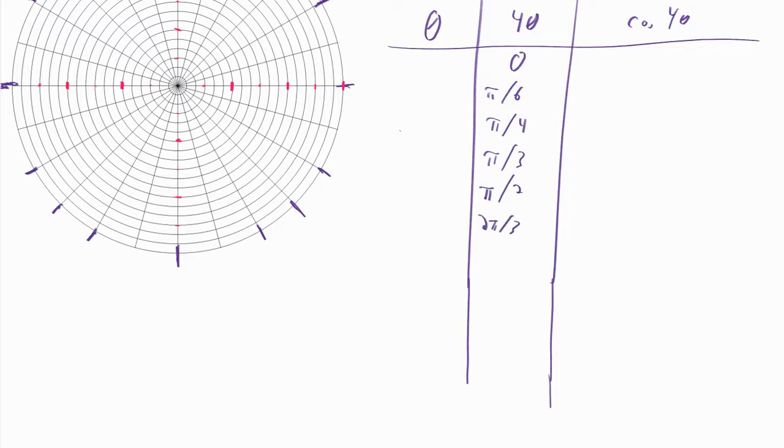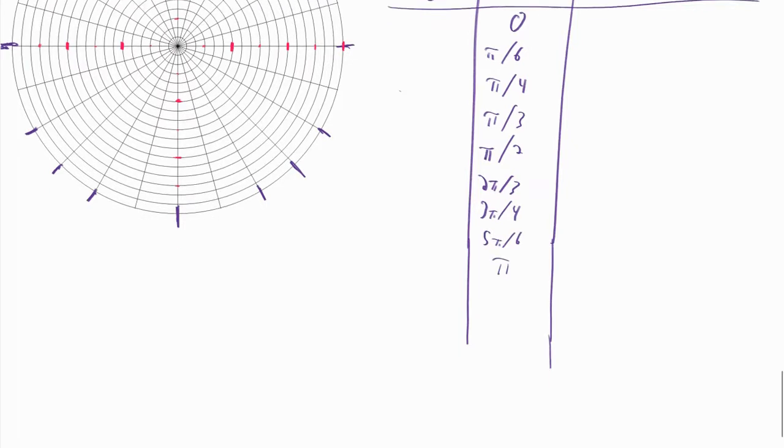So 2 pi over 3, 3 pi over 4, 5 pi over 6, and pi. Let's keep going. 7 pi over 6, 5 pi over 4, then 4 pi over 3, then 3 pi over 2.